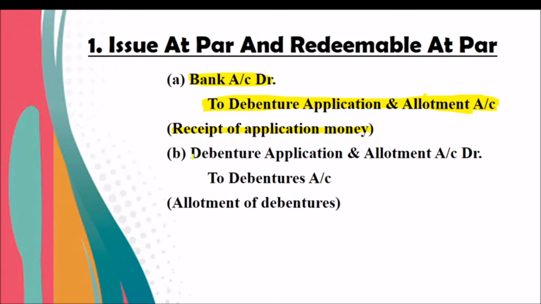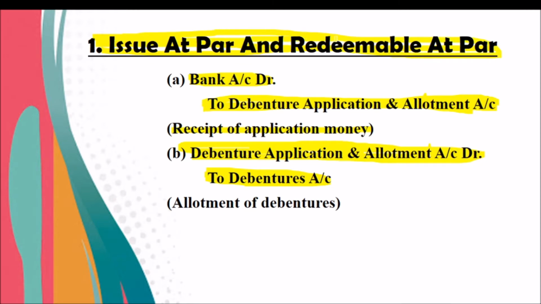Then when we transfer that amount to debentures, debenture application and allotment account debit to debentures. So remember, this is the issue of debenture at par and redemption, repayment of debenture, at par.